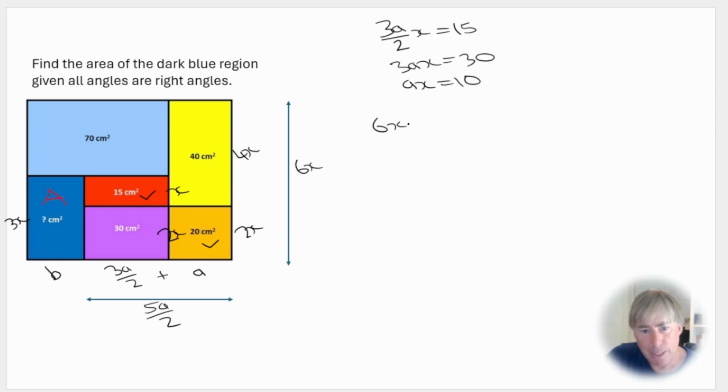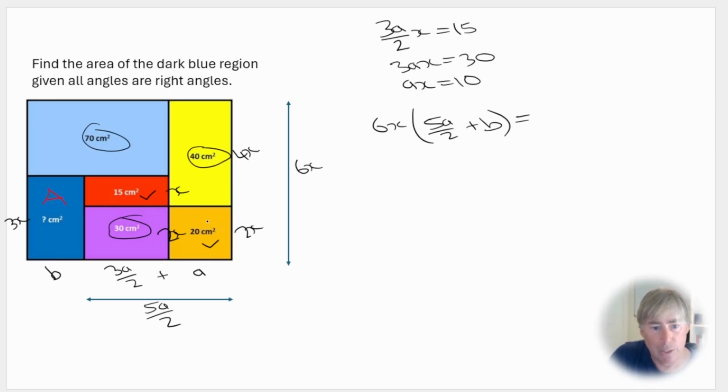So if I multiply 6x, which is the height of the whole rectangle, by its width, which is 5a over 2 plus b, that's going to be equal to all my areas added up, so let's circle them. 70 plus 30 is 100, 140, 160, 175. So that's 175.